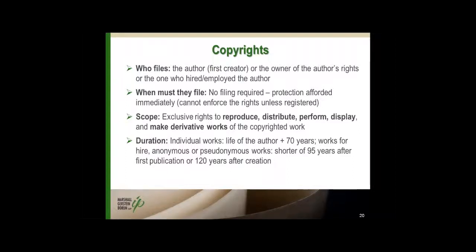And so it would be that person, the research institution, for example, who would make that filing. Now, the filing doesn't have to be made as soon as the work is affixed in tangible form; copyright exists through common law. So at the moment that is done, there is the ability to have a copyrighted work. However, if you would like to enforce your rights, you would register those with the Copyright Office.